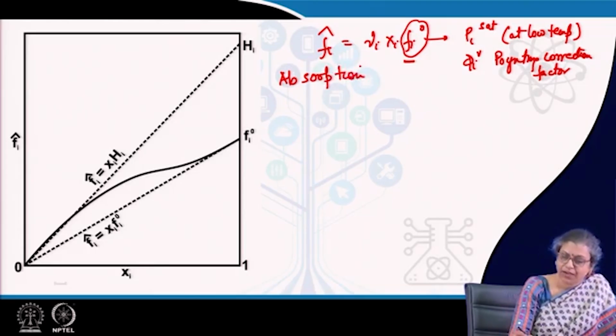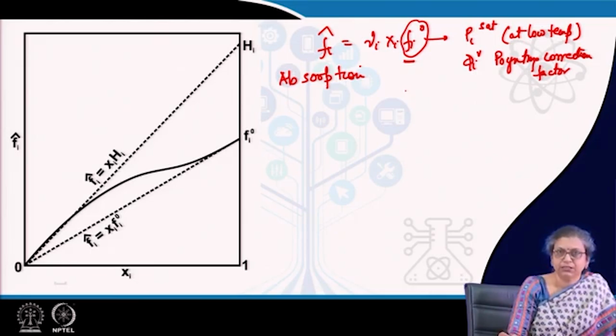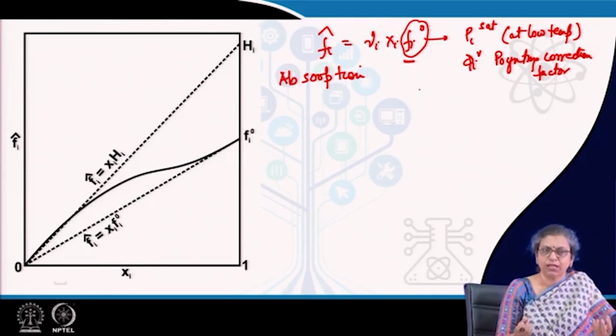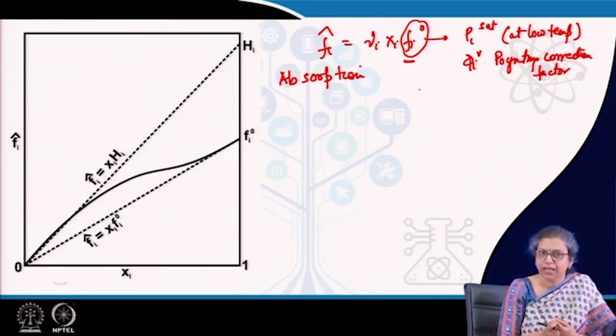See, we have to find out Fi cap for the liquid phase if we at all have to calculate the equilibrium conditions. Unless we can calculate the equilibrium conditions, we do not know, if suppose we want to remove carbon dioxide from air and we add water, whether at all any removal will happen or not.